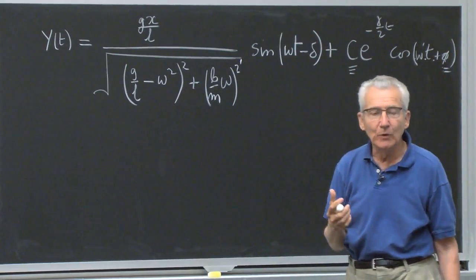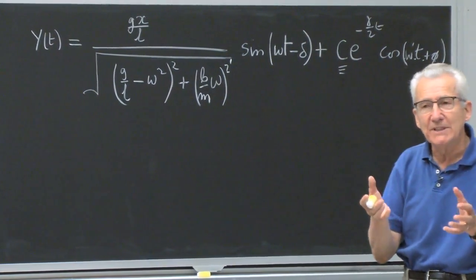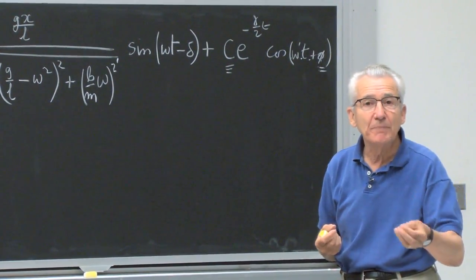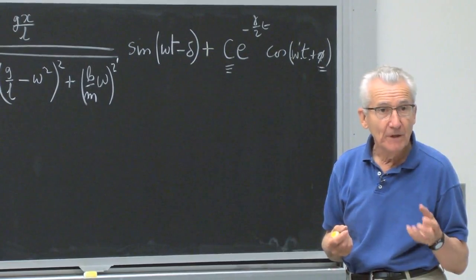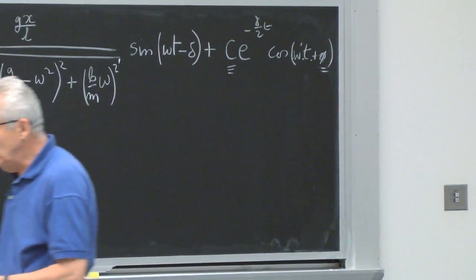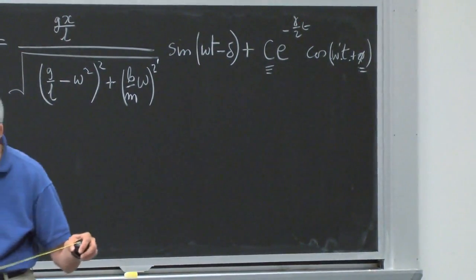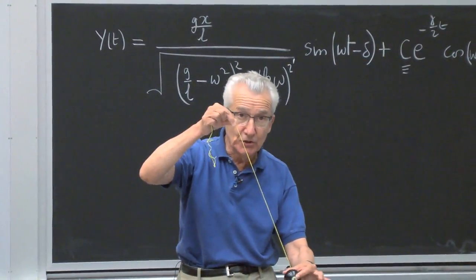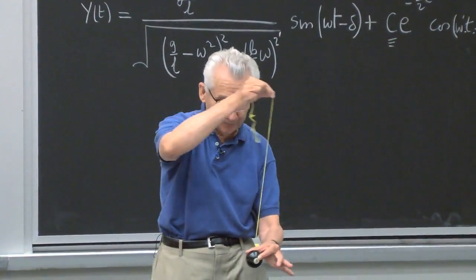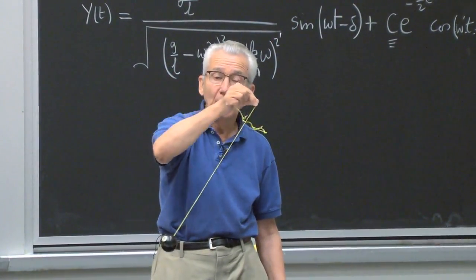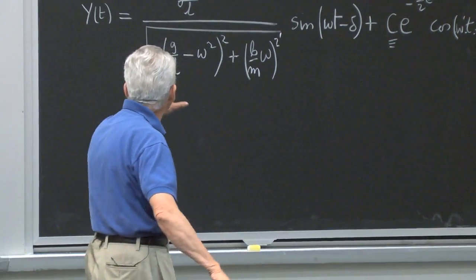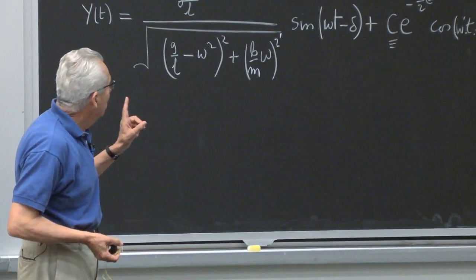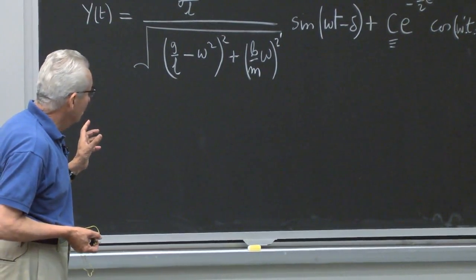In this case, I want to focus on what the problem said. What it said was discuss what you would expect the motion to be for that. In other words, when we took this and took given initial conditions and let go, this will describe what goes on. And let's look at this solution.